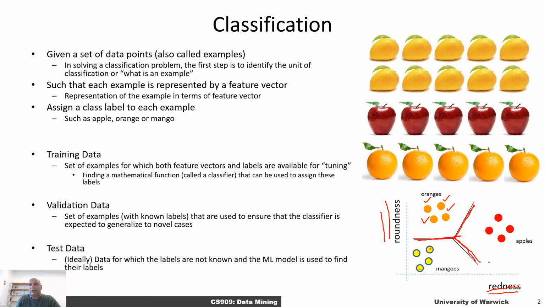Just to go over some terminology, when we say training data, what that means is the data that has been given to us in which we know the features of a given example as well as the corresponding labels of that example. We use this set of labeled data, called training data, to determine what the function should be, what should be the classifier.